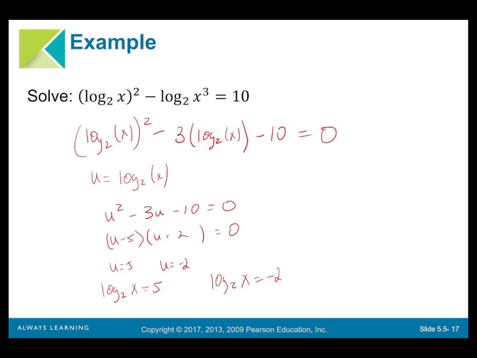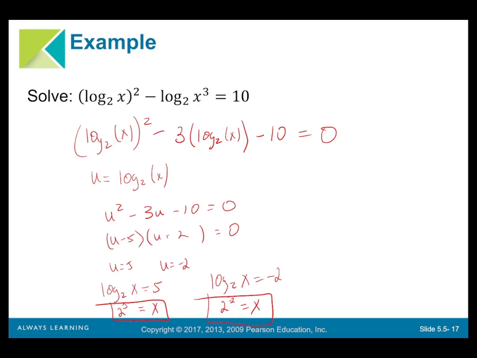Therefore, this corresponds to 2 to the 5th equals x, and 2 to the -2 equals x. So those are our two x values.